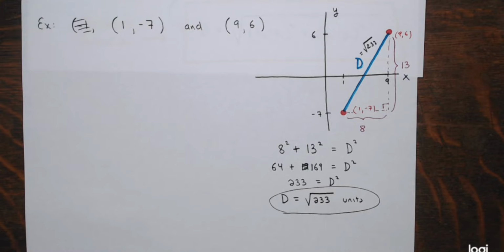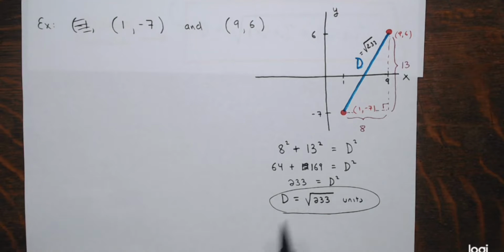And 13? Let's see, 13, 260. No, it's not a multiple of 13 either. I think that's all I need to check. This is as simplified as this root gets. And that's it. That's all we're doing.